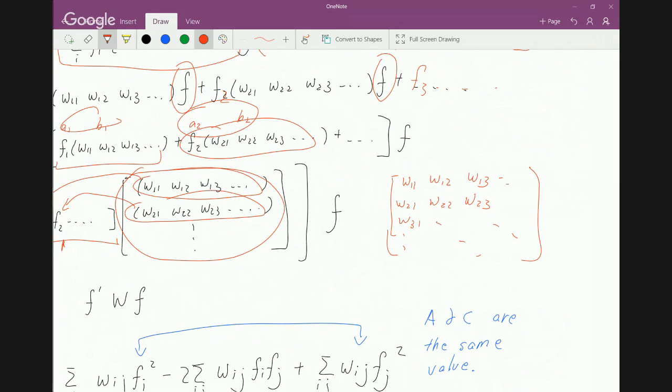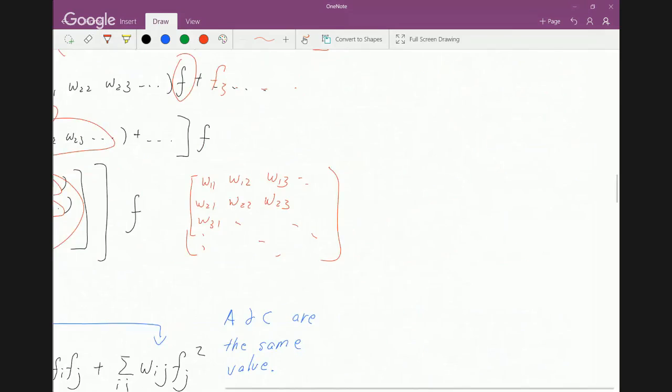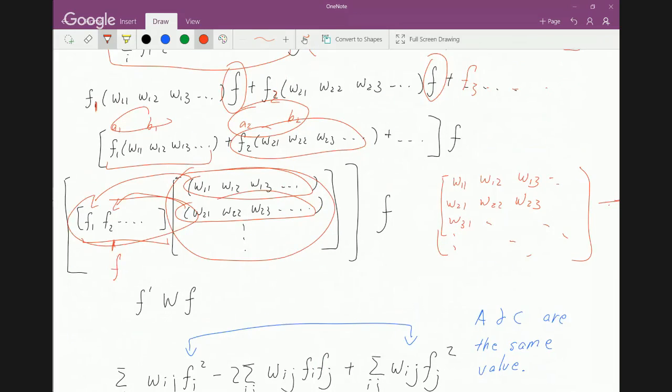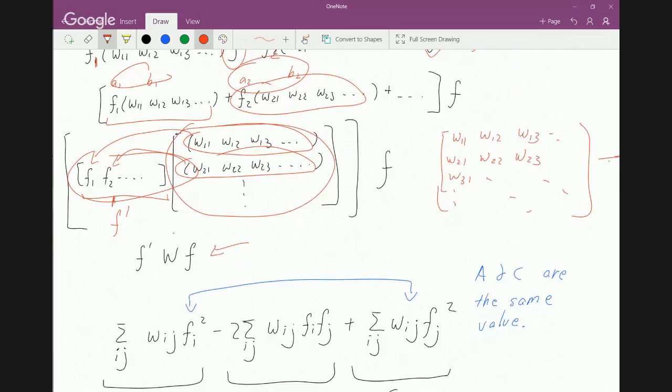If you remember, this thing was the adjacency matrix, which we call the big W. And this right here is F transpose. Now, we did the same thing. We went from the algebraic form into the matrix form, where here's the F vector, and here's the matrix.